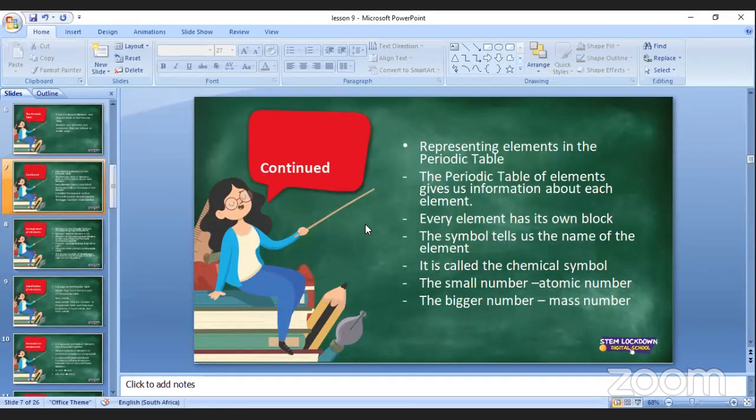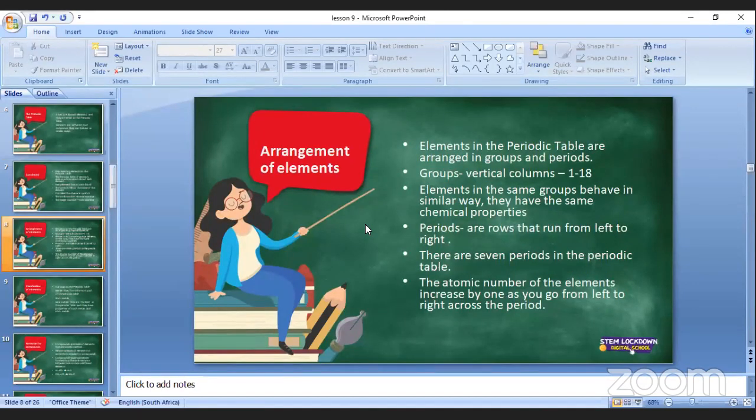So in your block, you'll find a chemical symbol, then a small number, which is the atomic number, and then the bigger number, which is the mass number. Are we clear, grade nines? There's a difference between an atomic number and a mass number when you are looking at your periodic table.